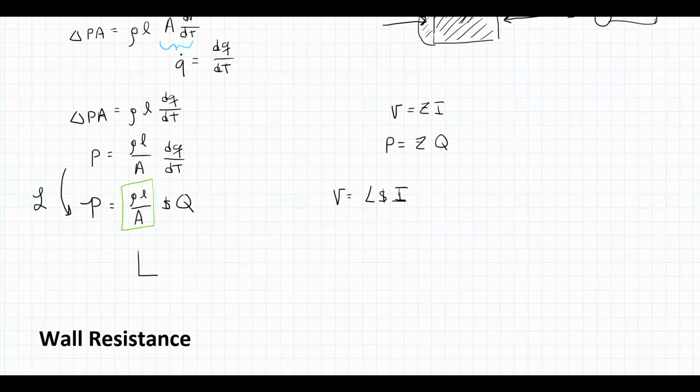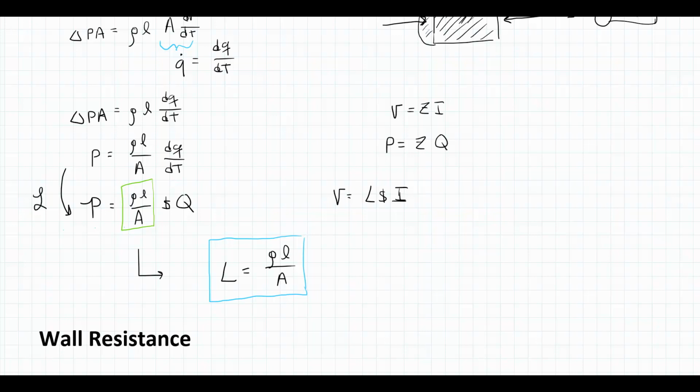So this is telling us that the equivalent inductance for the fluid inertia is going to be rho L over A. So if we need to model the fluid inertia, we can model it as an inductor when we go to draw our equivalent circuit diagram for the fluid system.